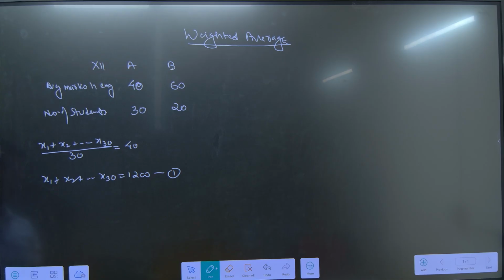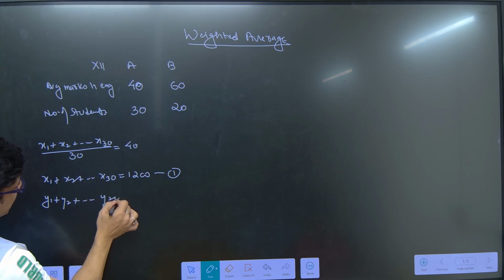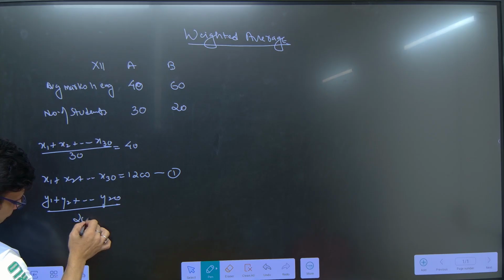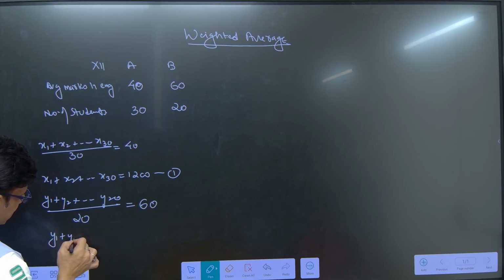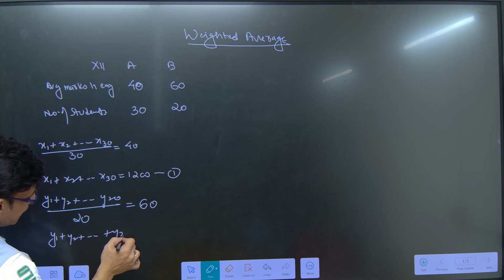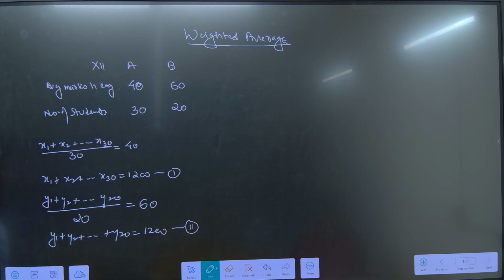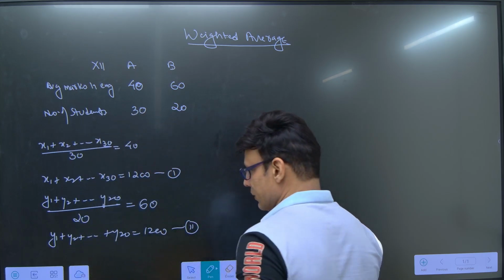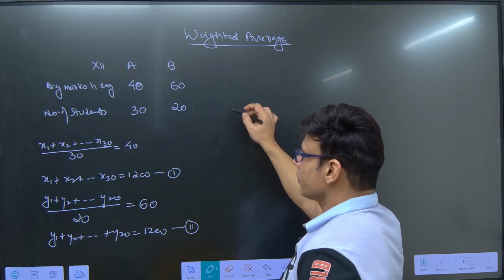So don't take x again, you take some other variable, let's say y. y1 plus y2 plus ... plus y20 divided by 20, and the average is what? 60. So how much is y1 plus y2 plus ... plus y20? Equal to 1200, right? So we have to find out the average of the entire class, 12th standard.